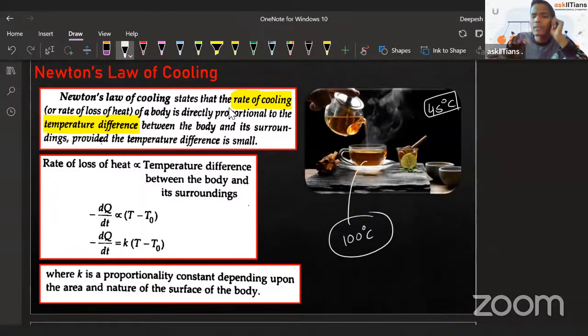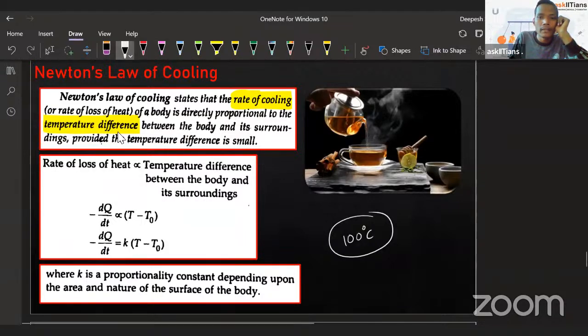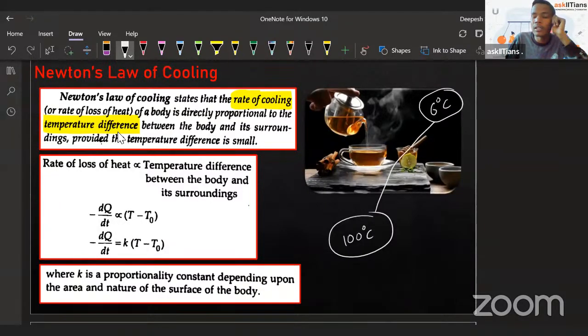Now the temperature difference is there, so the tea will become colder in a small amount of time. Okay, no problem. But what if we talk about a cold season? Let's say the temperature is 6 degrees Celsius. Now the temperature difference, as you can clearly see, is huge. Because the temperature difference is big, the body will get cooled very quickly.